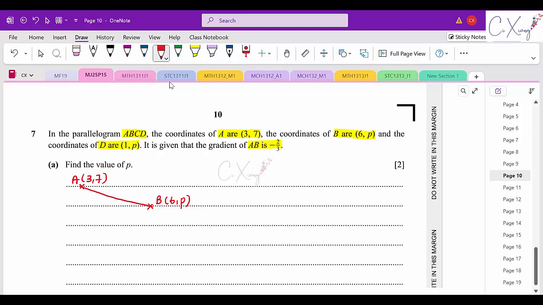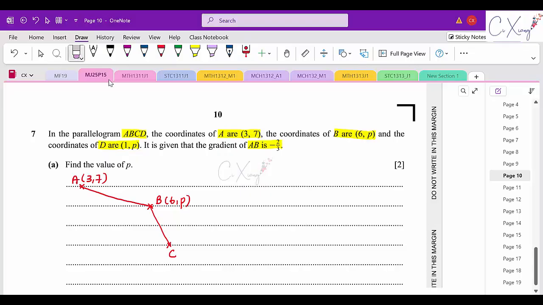For C, I don't know the value, and D is (1, p). But if you observe the y coordinates of B and D, you realize that B and D have the same y coordinate.